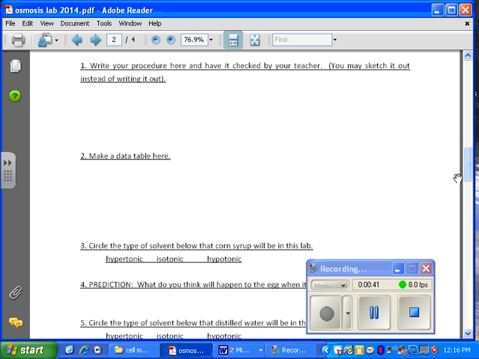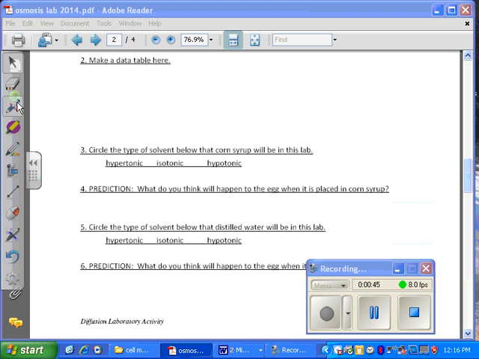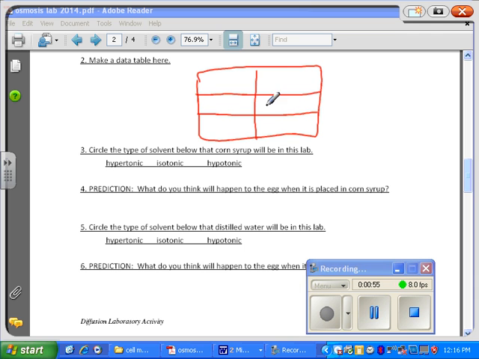I want you to make a data table next. Your data table should look something like this. I want your initial or first weight here, and your final weight here after a day, and then the difference between them you can put in here.